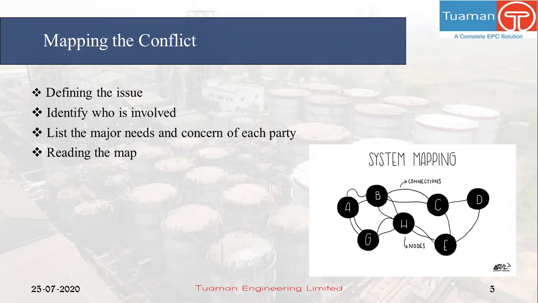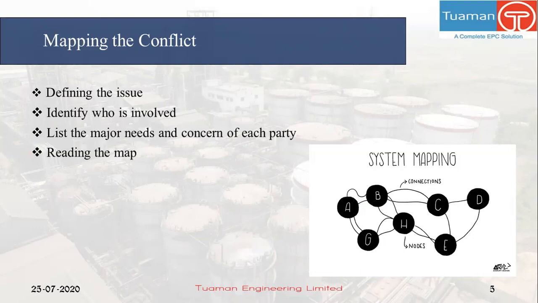Next is identify who is involved. It's very important to know who the people, or the number of people, involved in a conflict are. Those persons involved in the conflict might or might not be present in the situation. Next is list the major needs and concerns of each party.